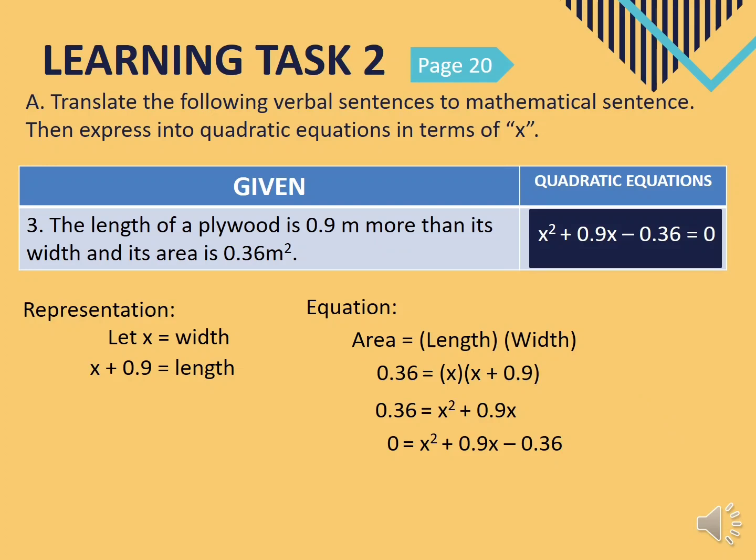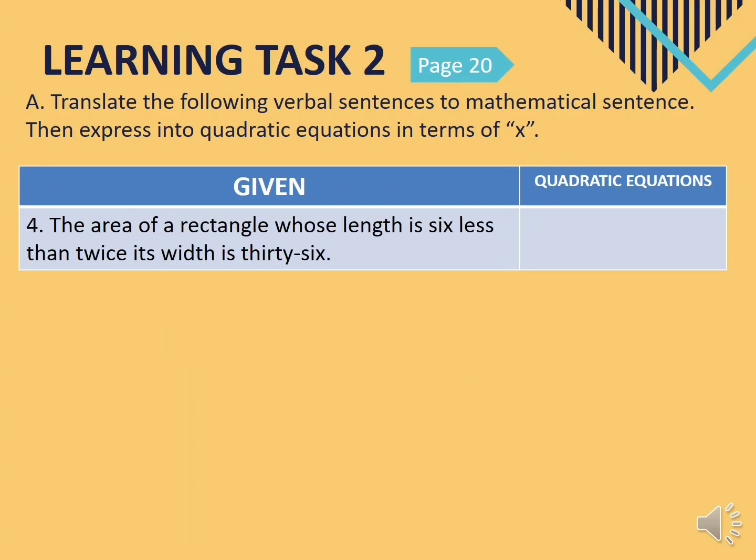Great. In our number 4, the area of a rectangle whose length is 6 less than twice its width is 36. Now, how are we going to transform or form the quadratic equation? Ang area daw ng rectangle, area ay 36. And then, ang length daw is 6 less than twice its width.